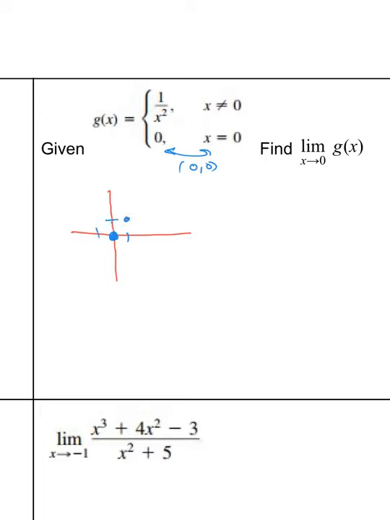When x is negative 1, y is 1. When x is 2, y is 1/4. When x is negative 2, y is 1/4. So what's happening here is that we have a vertical asymptote for the first piece. We also have a horizontal asymptote at y is 0.